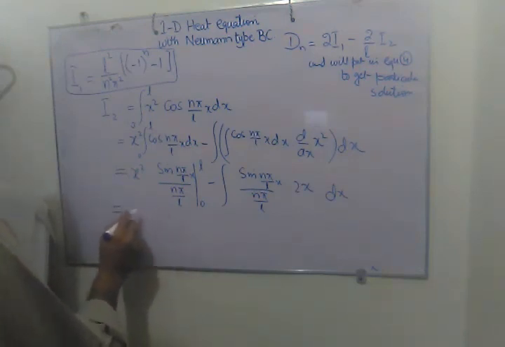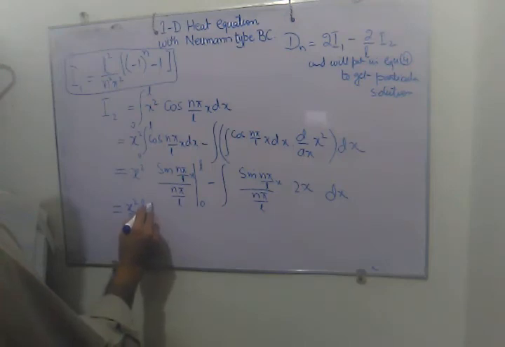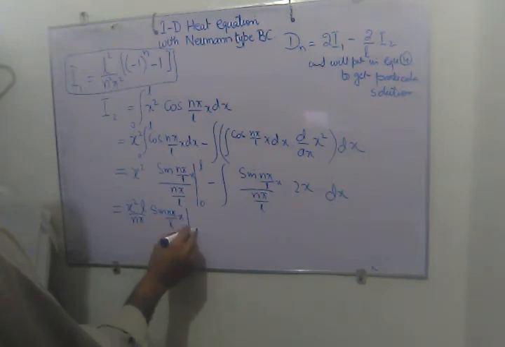So when we see the situation here, it becomes x square L upon n pi, and we remain with sin n pi upon L x, 0 to L.